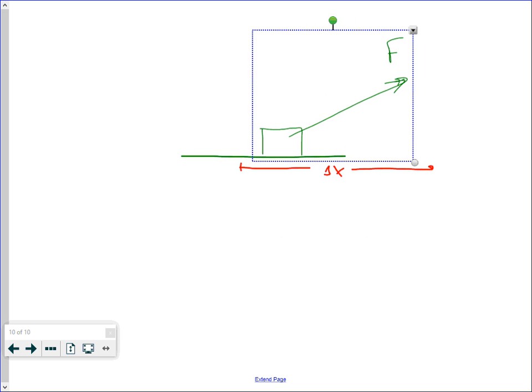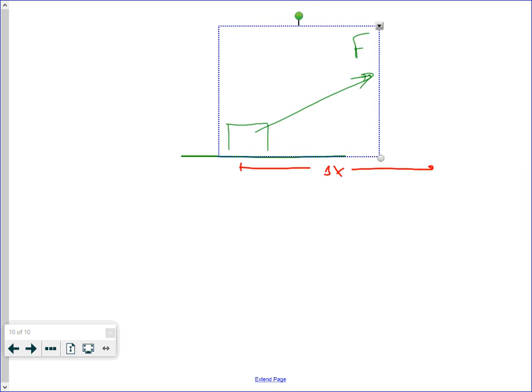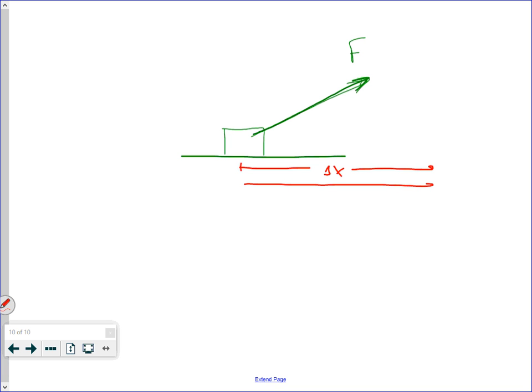Group. So we pull. Uh-oh. We keep pulling like that. Well, notice this force isn't entirely responsible for this motion. And, well, the bottom line is this component of the force is.